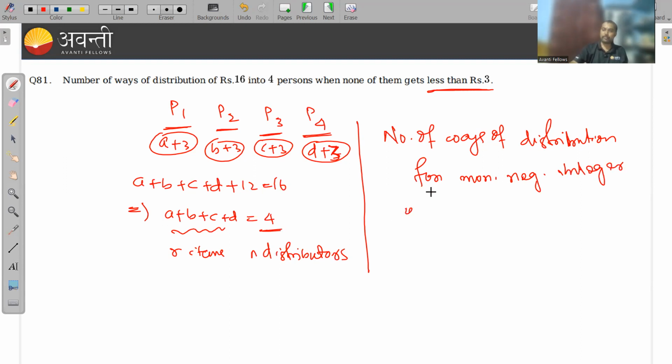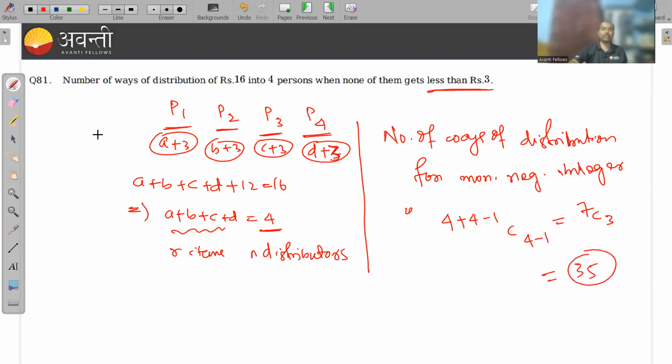It is N plus R minus 1, C, R minus 1. N is 4 here, so that is 4 plus 4 is 8, minus 1, 7, C3. So 7C3 is 35.